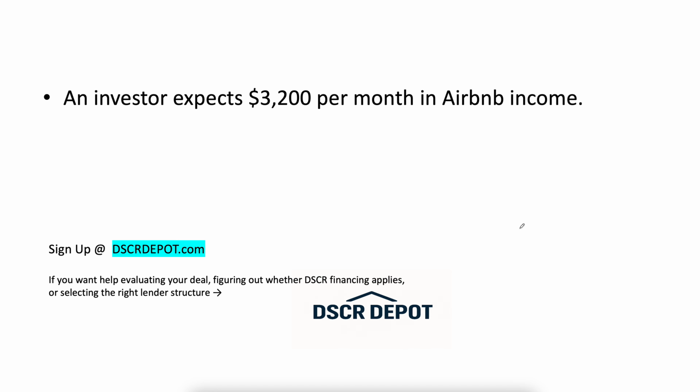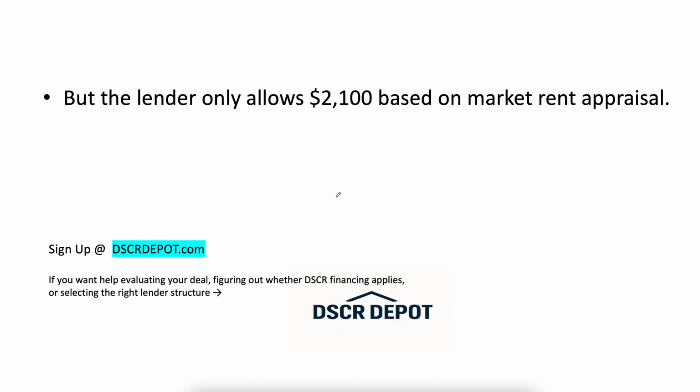An investor expects $3,200 per month in Airbnb income on a short-term rental, and the lender only allows $2,100 based on a market rent appraisal. That could be very typical, where you feel like you've fleshed out a plan on a short-term rental, either Airbnb or corporate housing or some other strategy, but they're going to anchor it to a long-term rental appraisal.